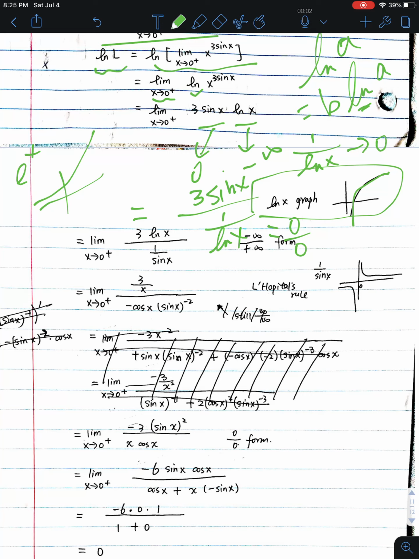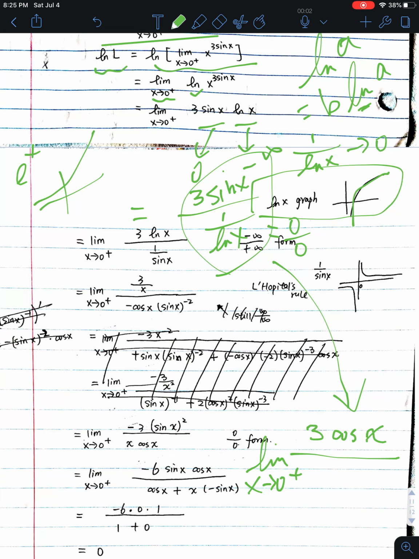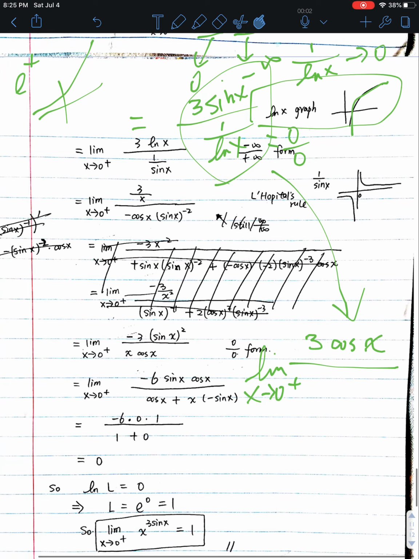For 0 over 0 form, we can use L'Hopital's rule. We take the first derivative of both the numerator and denominator. So the derivative of sine x is cosine x. And don't forget x goes to 0 positive. For the other part, that's 1 over log x, so that's log x to the power negative 1.